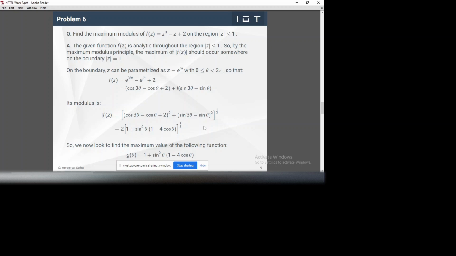And now, using various trigonometric identities, this can be simplified in this form: 1 plus sin squared θ, (1 minus 4 cos θ) whole to the power. These are just lengthy trigonometric algebra. You just have to get your hands dirty, and there is nothing mysterious about this.